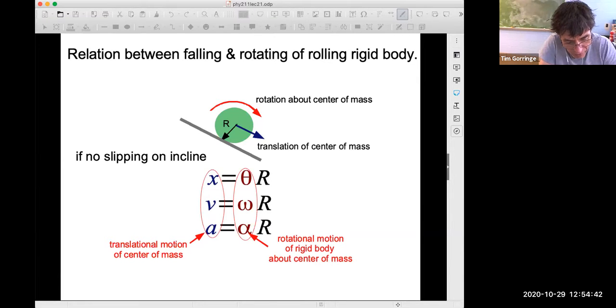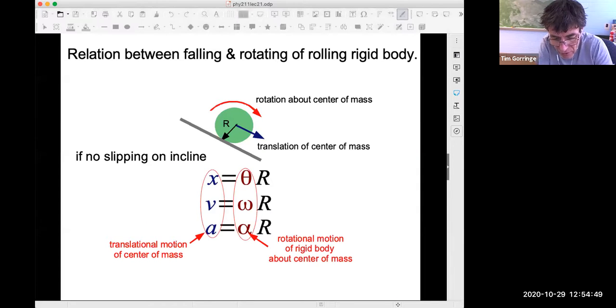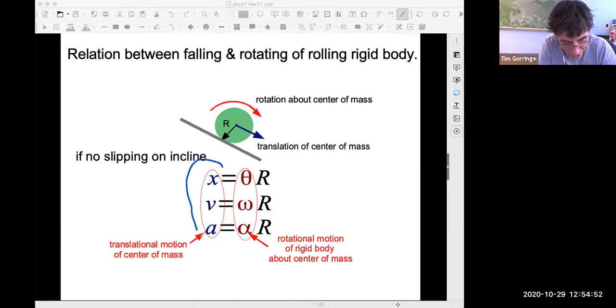The linear coordinates of the translational motion over here on the left, for example, the speed of the moving object, are related to the angular coordinates that describe the rotational motion of the rigid body about its center, for example, the angular velocity.